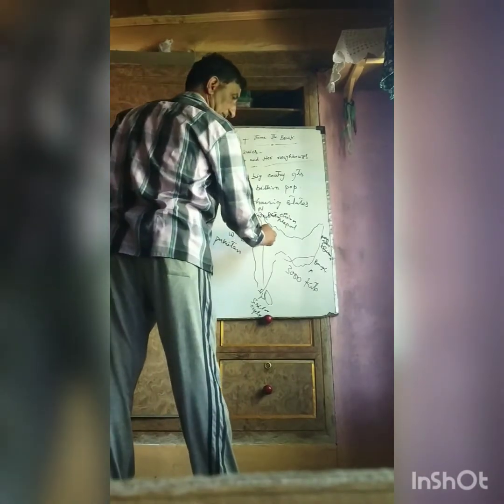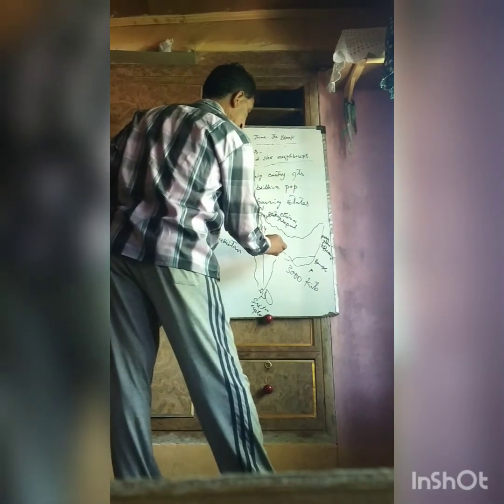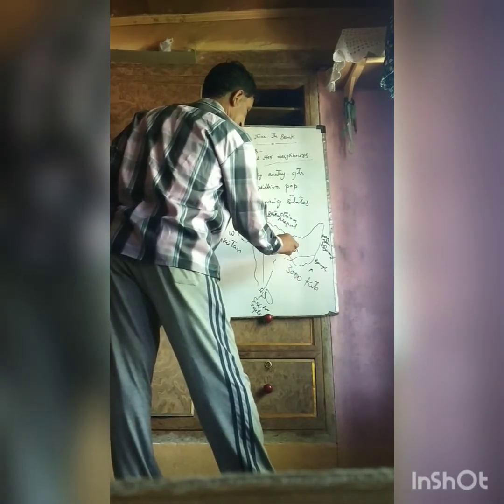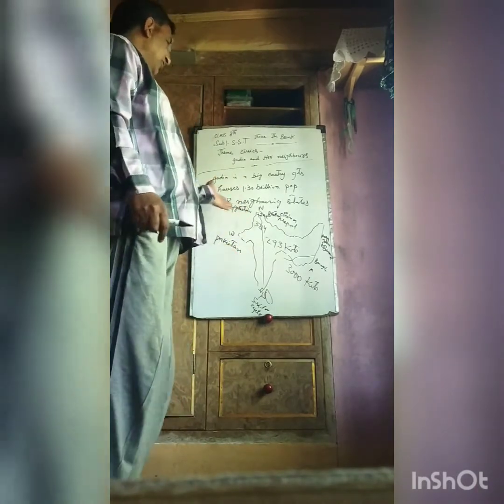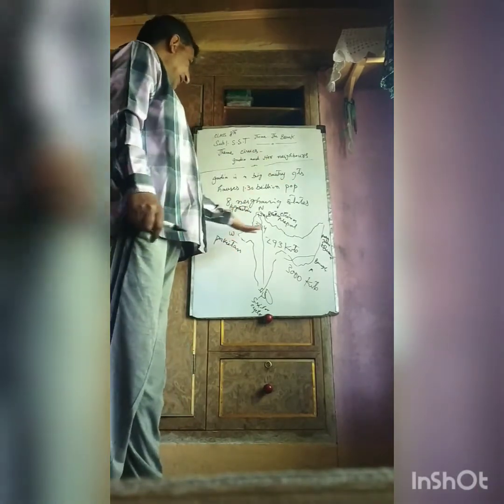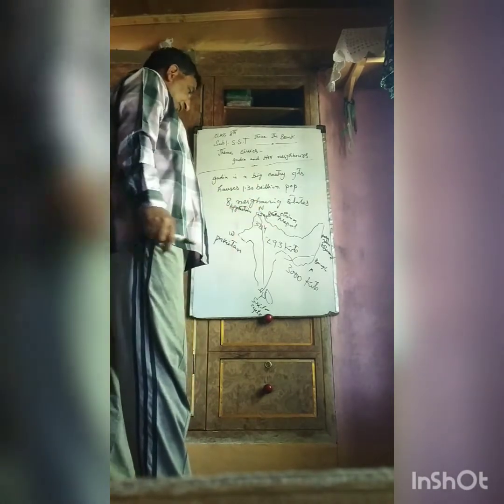It is 2,933 kilometers. Since we have latitudinal extent, there is also longitudinal extent, some 37 degrees north and 97 degrees east longitude.